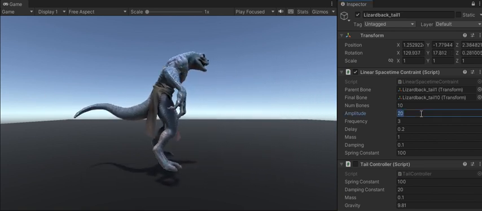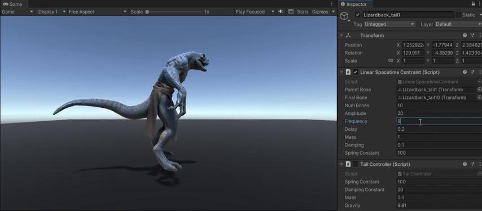And again, messing around with these parameters, depending on what movement we want, will change sort of what we want to get out of this. But yeah, so this is where we are so far.